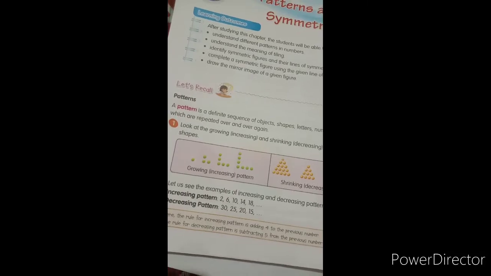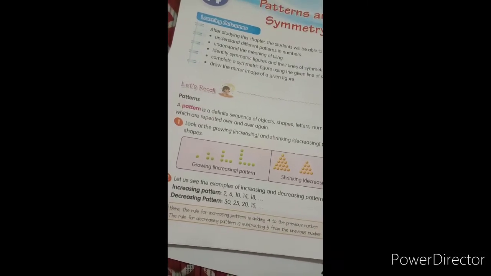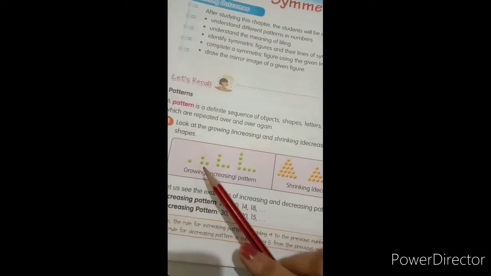There is in the first 1 dot, then 3 dots, then 5 dots, then 7 dots. So this is an L shape which is in increasing pattern. पहले क्या था, यहाँ पे एक डॉट था, फिर 1 डॉट यहाँ increase हुआ and 1 dot यहाँ increase हुआ. Means 1 dot vertically increase हुआ and 1 dot horizontally increase हुआ.